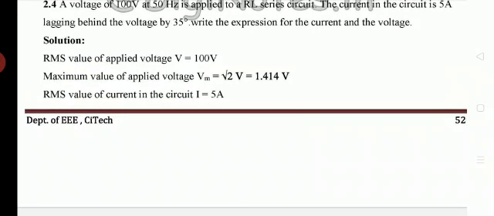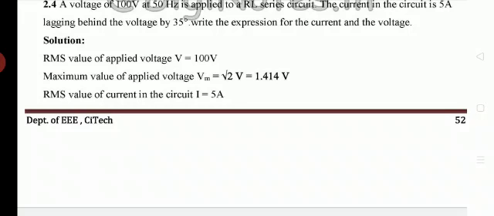First you write down what is asked. While solving, first write the expression for current, I equal to Im sin omega t. The expression for voltage is V equal to Vm sin omega t. Now you check which values I need to calculate. In the current equation Im is unknown, and omega is unknown. Similarly in the voltage equation Vm is unknown, and omega is unknown.